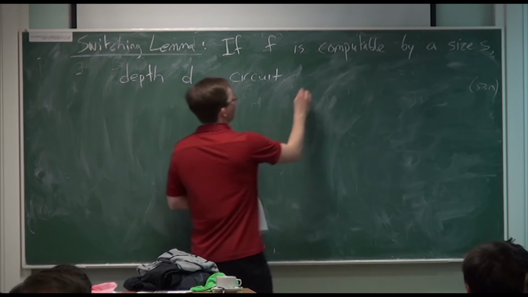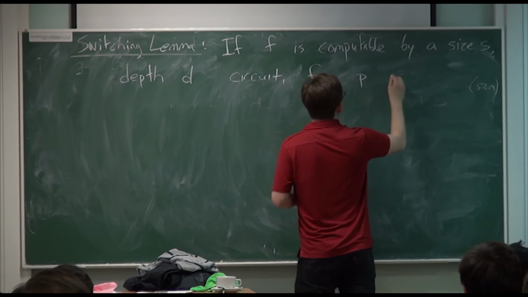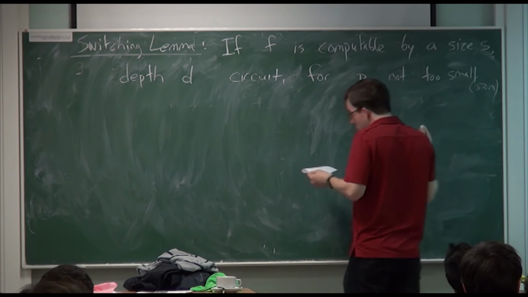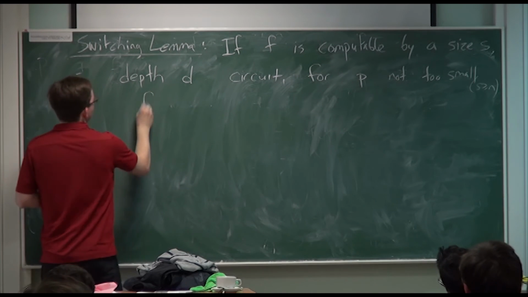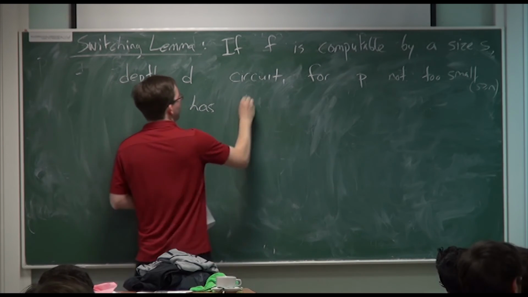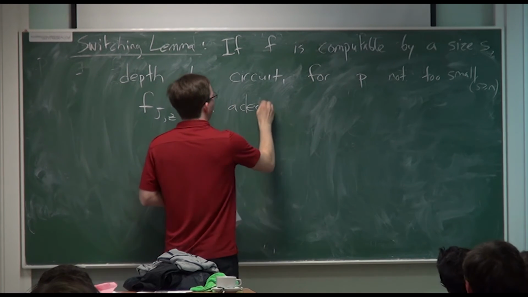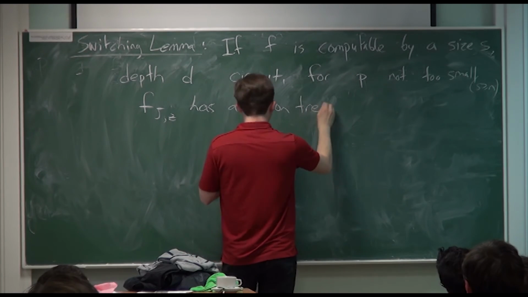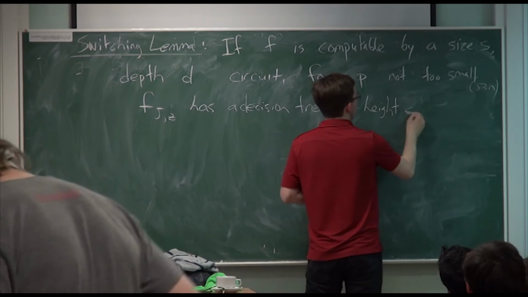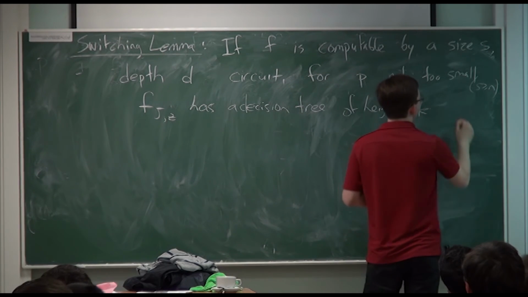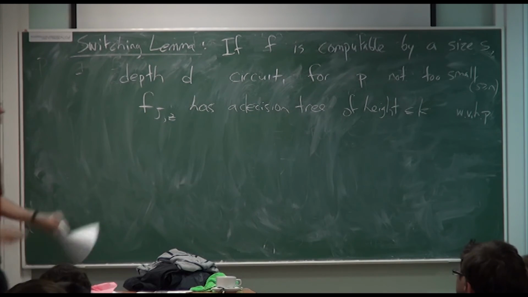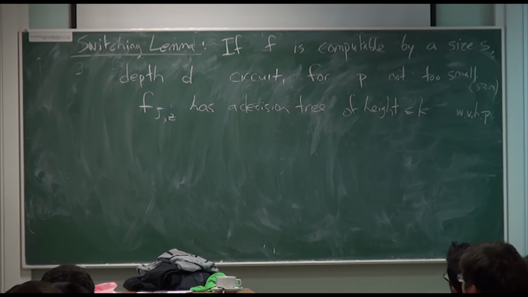Well, then, roughly speaking, for P not too small, I'll write the parameters essentially in a second, the switching lemma tells you that F, the restricted function, has a decision tree that's quite shallow, of height at most some small k, with very high probability. Okay, that's the high-level picture of the switching lemma once you plug in p and k appropriately.